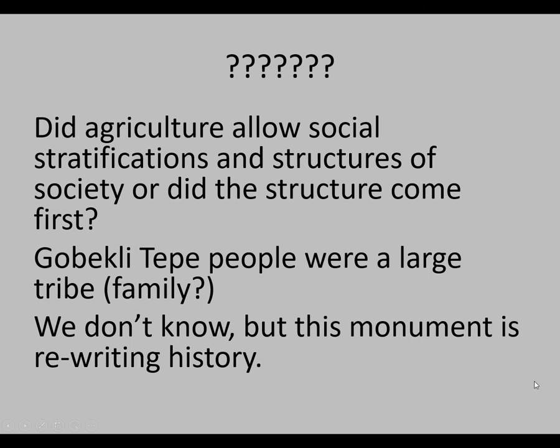And it was thought that this wasn't really a possibility until society was stable and lived in one place and organized, and then eventually had laws and writing and whatnot. But it's not known, of course, what these people did know or why they were doing it. But this monument is still rewriting history. In your book, I think they even call it 9,000 BCE, and now it's known that it's at least 11,000 BCE.